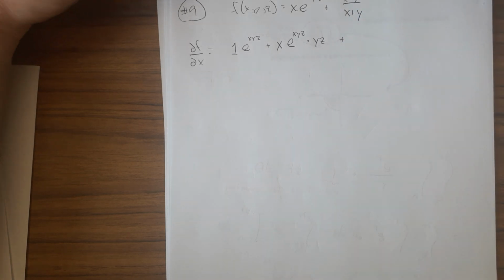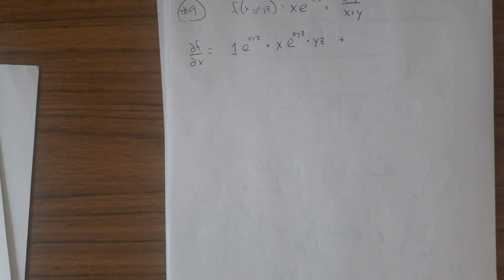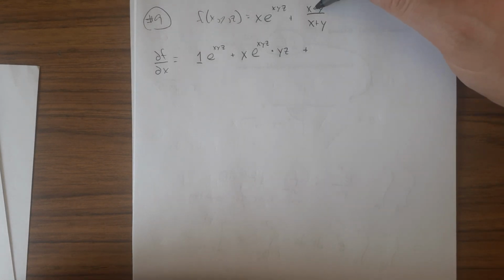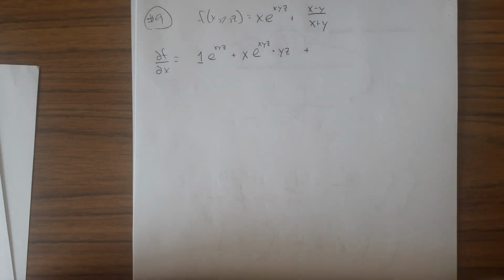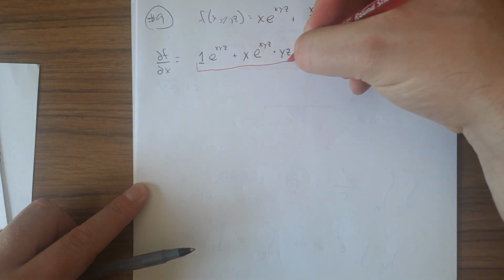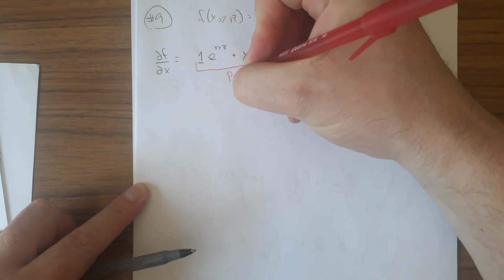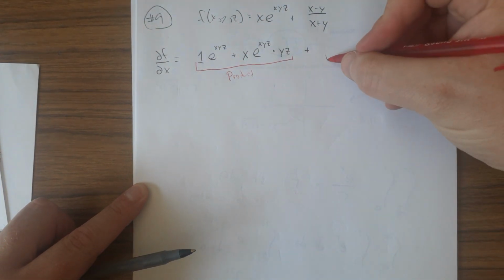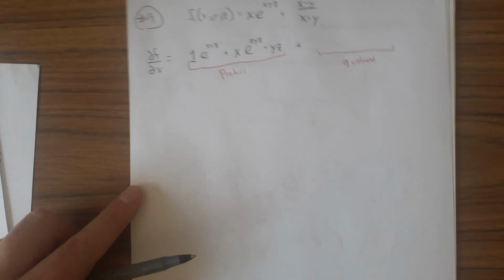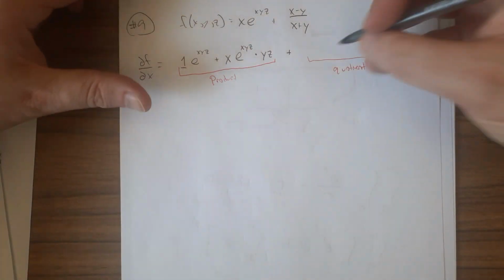Okay. And I was not very kind with this one, to be honest. So now I've got this. This is a quotient rule. So this one was product rule. Let's do the quotient rule.